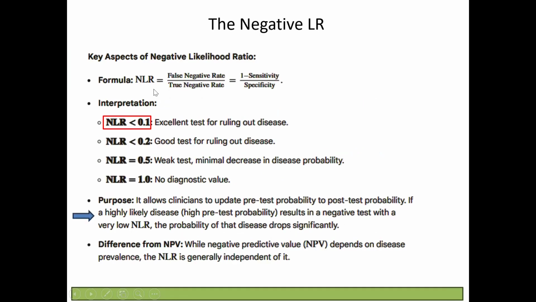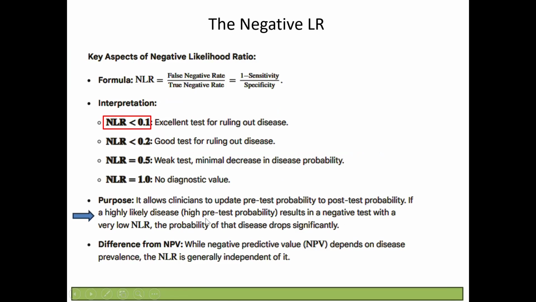This is about the negative likelihood ratio. This is the formula. A negative likelihood ratio less than 0.1 means an excellent test for ruling out the disease. The purpose is it allows clinicians to update pre-test probability to post-test probability.